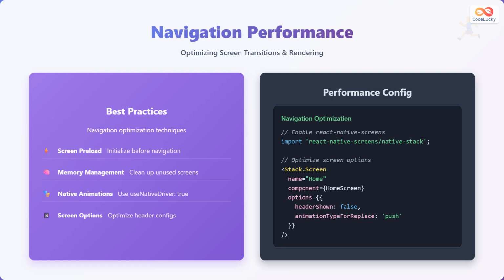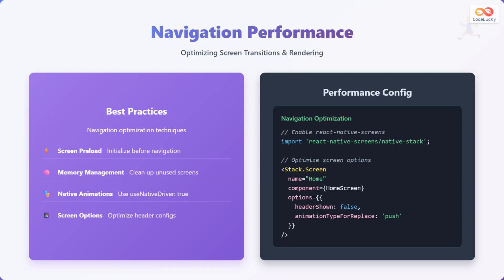Native animations with useNativeDriver set to true ensure smooth transitions by running animations on the native thread rather than JavaScript. Screen configuration optimization includes minimizing header complexity and using appropriate animation types for different navigation patterns.